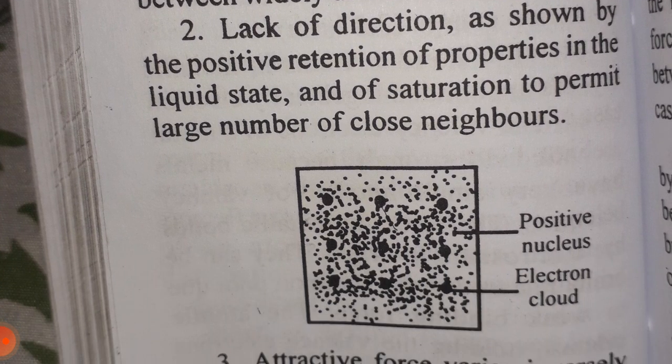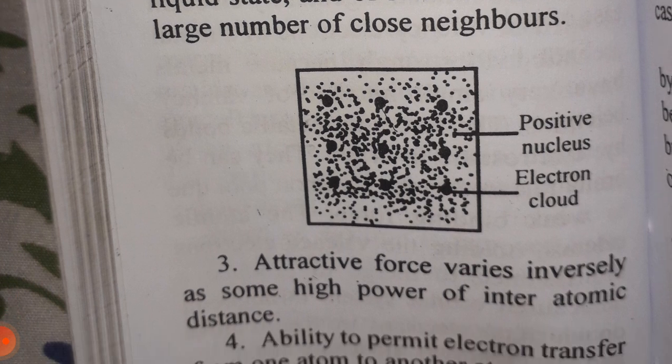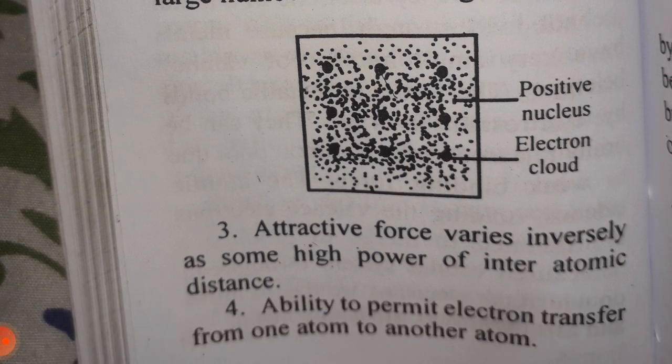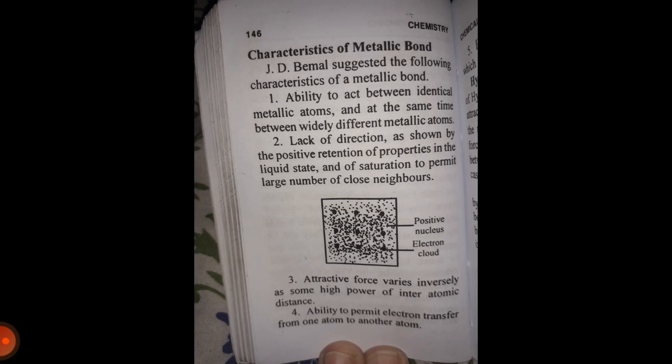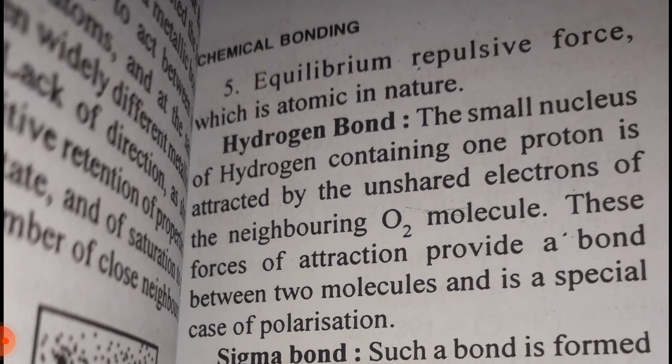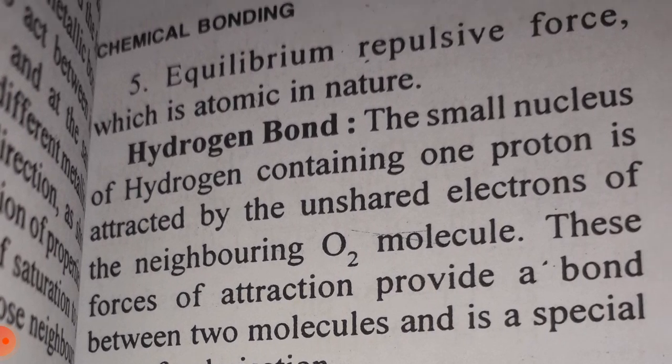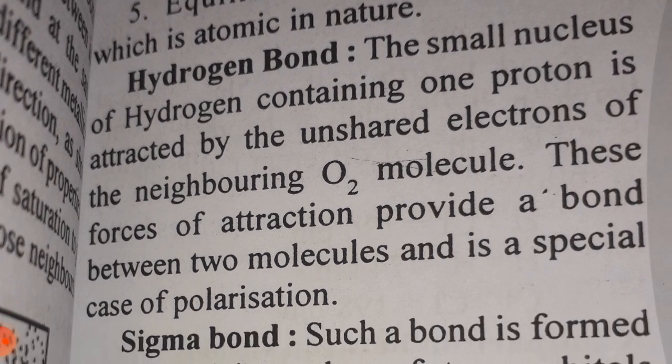Second, a lack of direction, shown by the retention of properties in the liquid state, and of saturation, to permeate a large number of closely packed positive nuclei in the electron cloud. Third, attractive force varies inversely at some high power of interatomic distance. Fourth, ability to permeate electron transfer from one atom to another atom. Fifth, equilibrium repulsive forces which are atomic in nature.